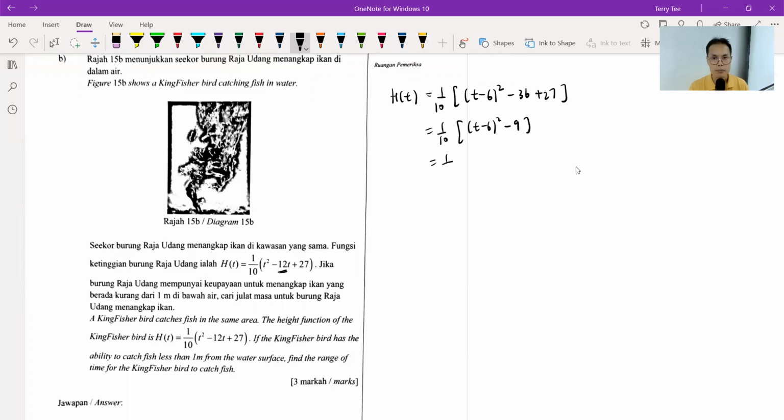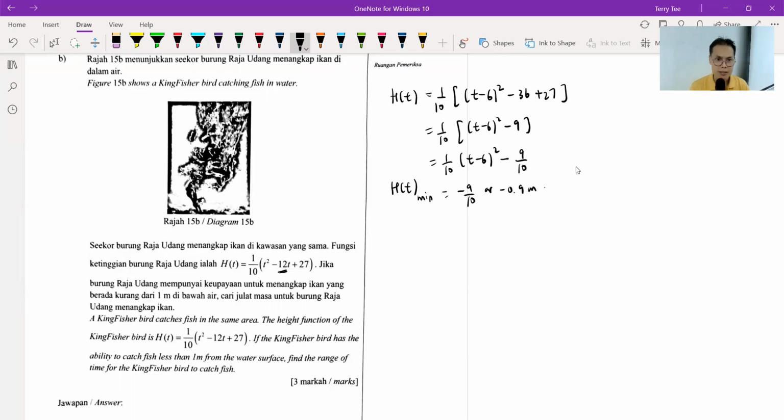Now, when you multiply inside, you get (t minus 6) squared over 10 minus 9/10. 9/10 is actually 0.9. So your h(t) has a minimum, the lowest it can go is -9/10 or -0.9 meter below the surface of the water.